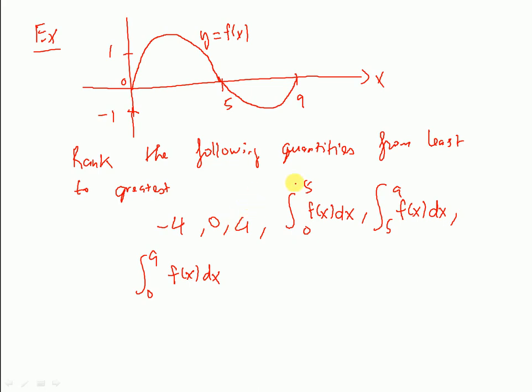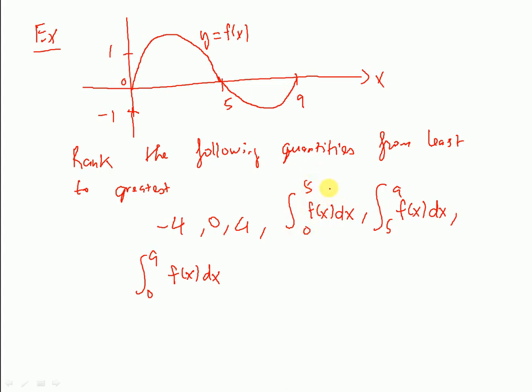So the first thing is, let's try to have an estimation of these definite integrals, this one and this one. So in order to estimate the value from 0 to 5, we are just finding the area, right?